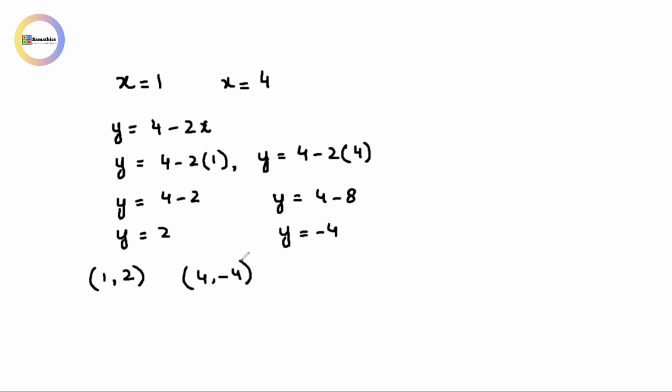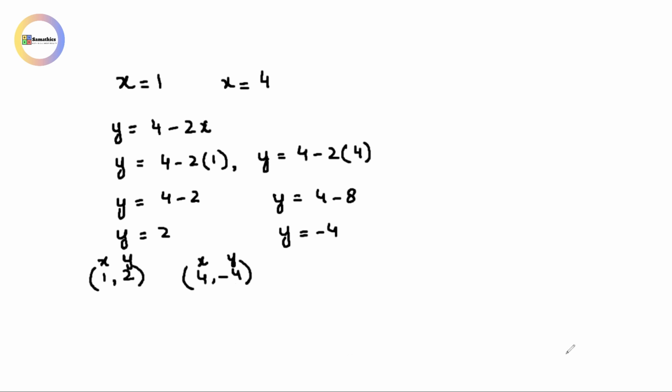Whenever you solve simultaneous linear and non-linear equations, we write the x value and the corresponding y value. When we have x as 1, we substituted here, we get the value of y as 2, so 1 comma 2. We have taken x value as 4, when we substituted, we got y value minus 4, so that's why we have written 4 comma minus 4.